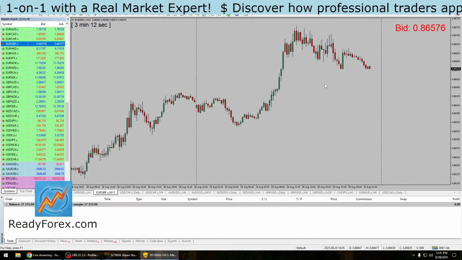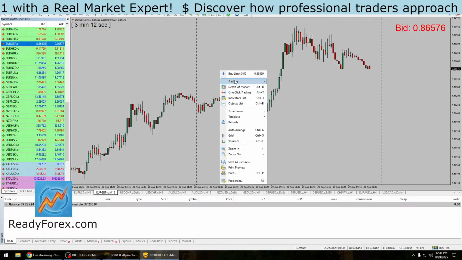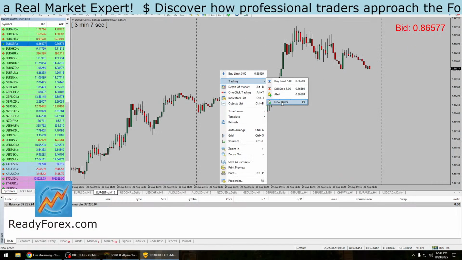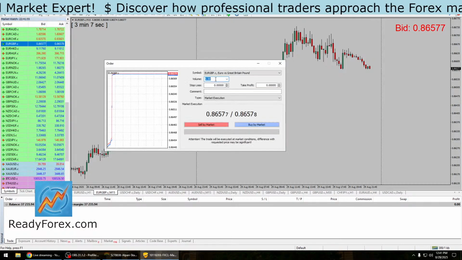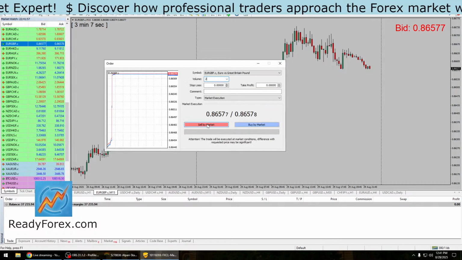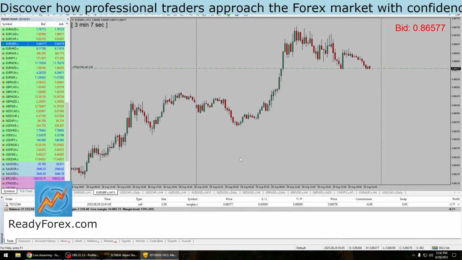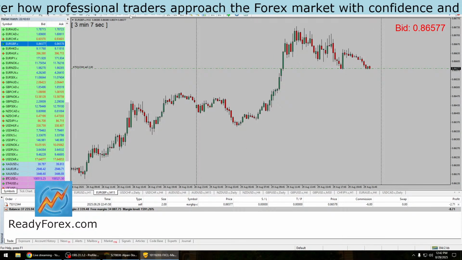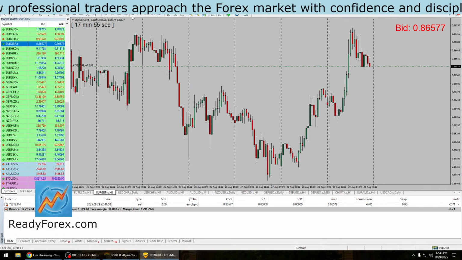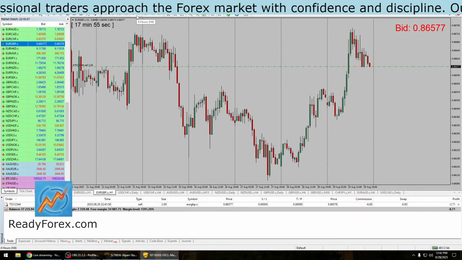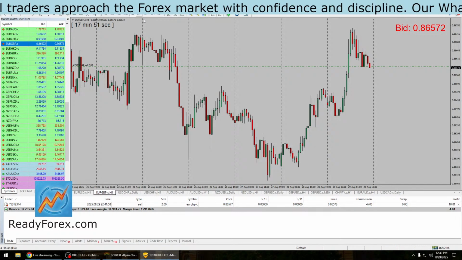Okay, so here's my sell in Euro GBP currency pair, and I'm going to put a stop loss above the high.